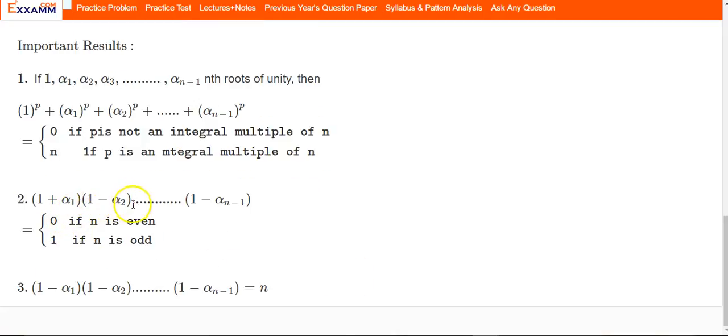The product of 1 plus alpha 1, 1 plus alpha 2 up to 1 plus alpha n minus 1 is equal to 0 if n is even, and it is 1 if n is odd. Now in case of all of them with negative sign, 1 minus alpha 1, 1 minus alpha 2 up to 1 minus alpha n minus 1, this product will be equal to n. You can try to prove these results on your own. That would enhance your understanding.